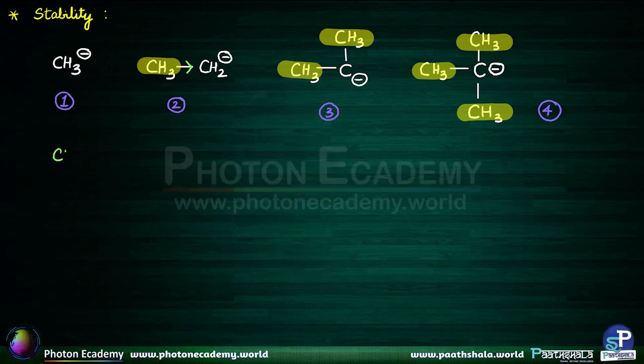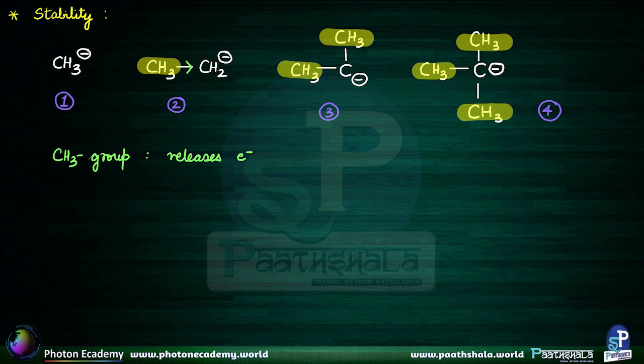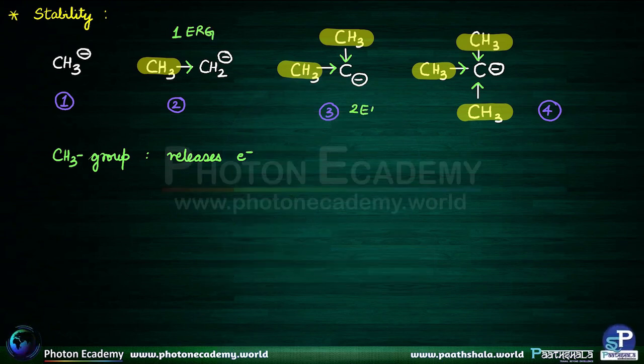So it is releasing electrons towards our carbanion here. We have one electron releasing group here, two electron releasing groups here, and three electron releasing groups in the fourth case.